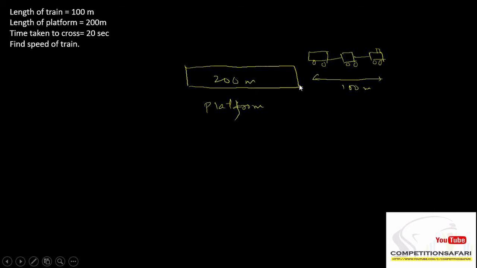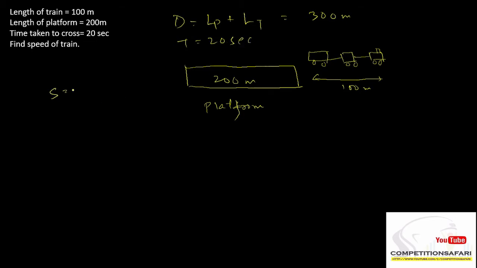So in such questions, the total distance will always be the length of the platform plus the length of the train. So this total distance is 300 meters here, and the total time taken to cross it is 20 seconds.